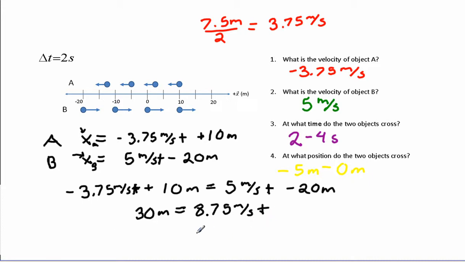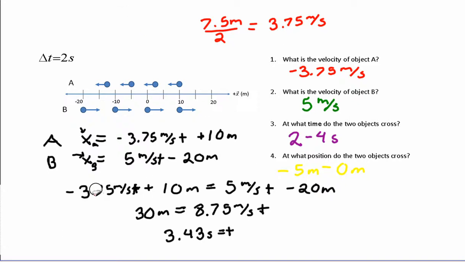Divide both sides by 8.75, and we better expect our answer to be between 2 and 4 seconds. If you do 30 divided by 8.75, you get an answer of t equal to approximately 3.43 seconds. Okay, and that does fall within our range.